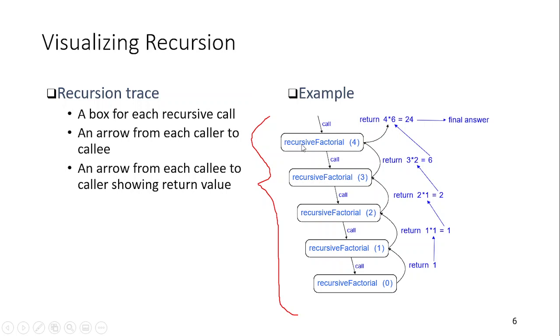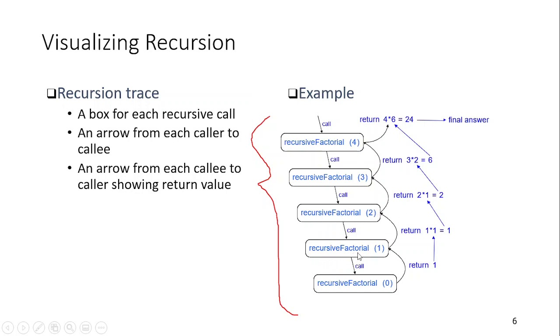It says that the factorial of 4 is basically 4 multiplied by the factorial of 3, so you need to find the factorial of 3. Factorial of 3 is 3 multiplied by factorial of 2, so you need to find the factorial of 2. Its value is not known. So factorial of 2 is 2 multiplied by the factorial of 1.